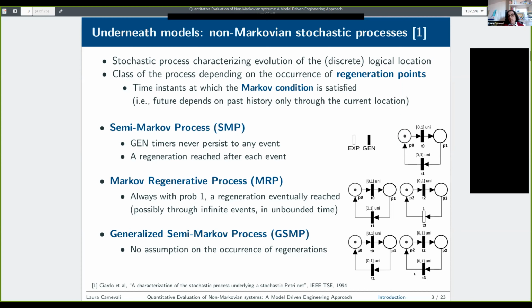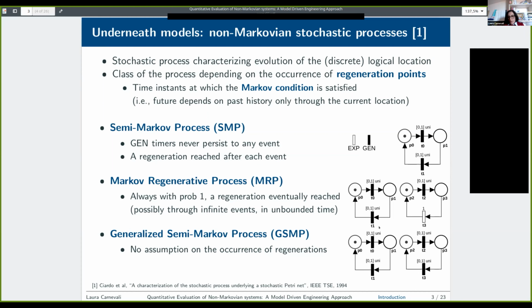After the initial regeneration, this model does not reach any other regenerations. And when we have this kind of model, the underlying stochastic process is termed a generalized semi-Markov process. So this is a process that does not assume anything about the occurrence of regenerations.